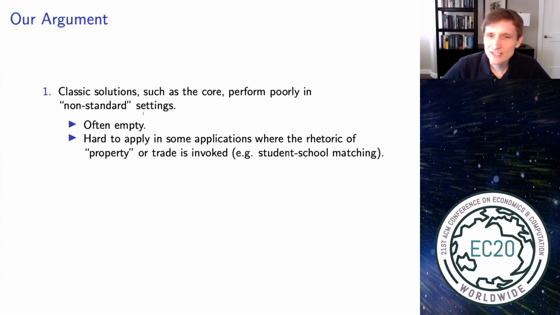And in many applications where the rhetoric of property is invoked, it's actually hard to apply some of these solutions. For example, in student and school matching, we might often talk about students trading priorities to schools, but it's not clear how you would actually take that idea and apply it to a core-like solution.